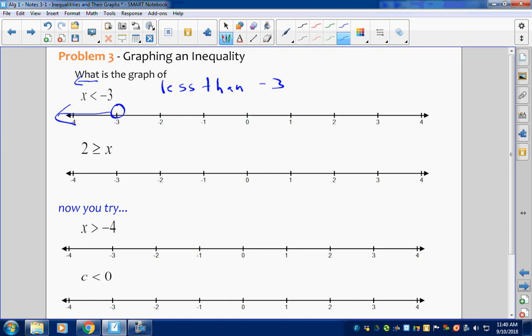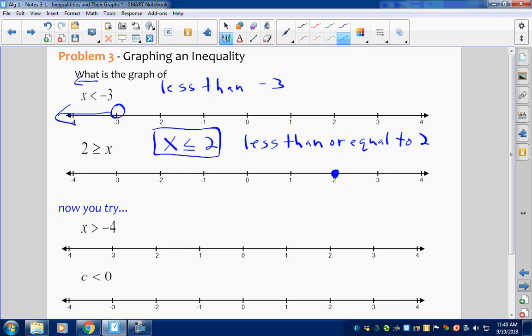Now this one, notice how the variable is not on the left. Could I put it on the left? Could I rewrite this in such a way that I go x, flip it, is less than or equal to 2? So this says less than or equal to 2. So I put a closed circle at 2, and then based on this one right here, I will shade to the left of 2.